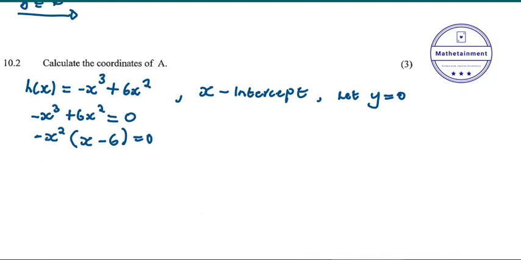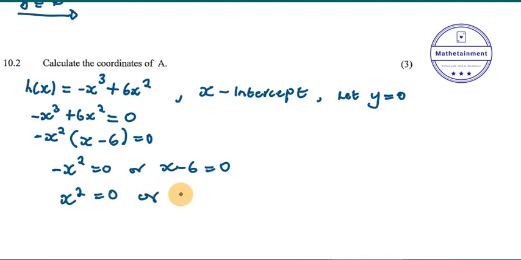So it's minus x squared equal to 0, or x minus 6 equal to 0. Dividing both sides by minus 1, you end up with x squared being equal to 0, or x is equal to 6. On this side, that makes x equal to 0. In fact, it's 2 x-intercepts, but they're just sharing one root. So you have x being equal to 0, or x being equal to 6.